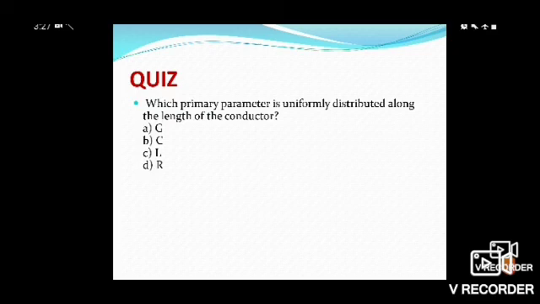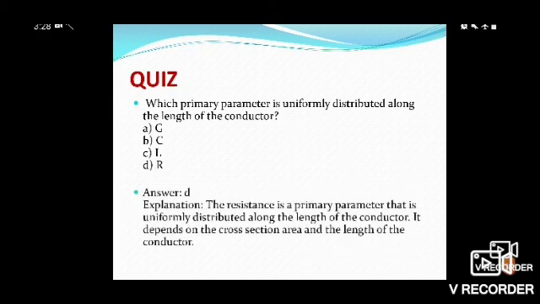Which primary parameter is uniformly distributed along the length of the conductor? The first option is G, the second option is C, the third option is L, and the last option is R. So which one is the correct answer?